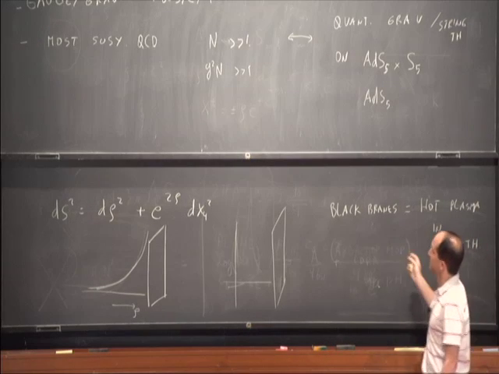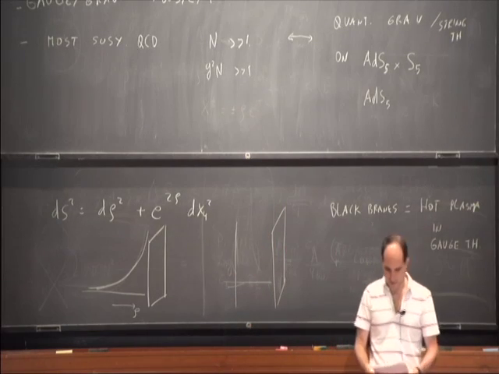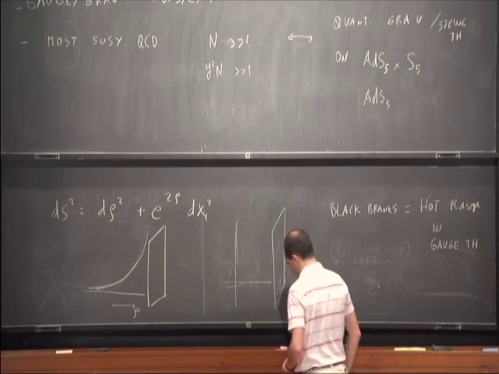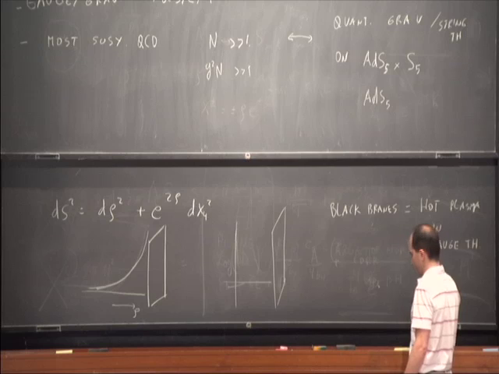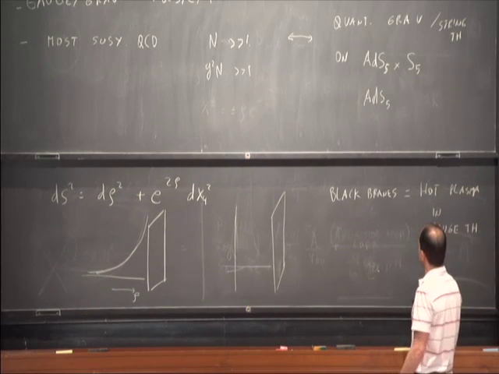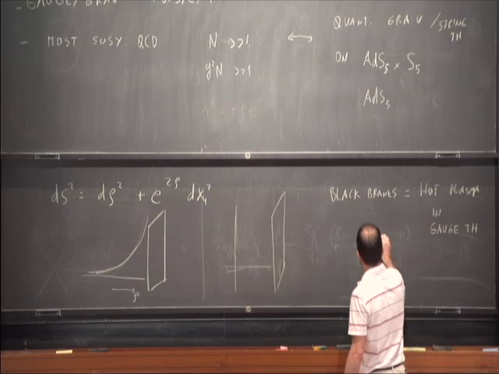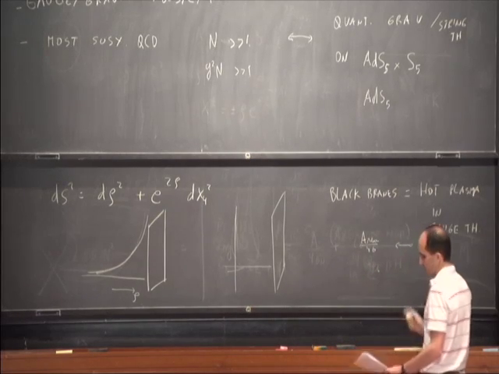It's a hot plasma that is very strongly coupled. The coupling is strong in the regime where you can think about these black branes. And you can start translating between black branes and hot plasma. Of course, we already know one of the elements of the translation is that the area over 4G Newton is going to be related to the entropy.